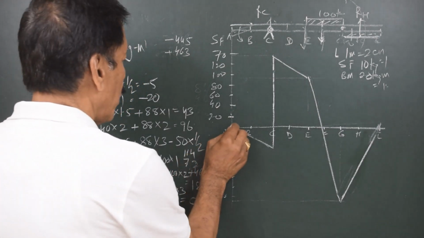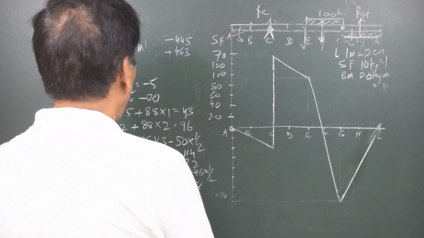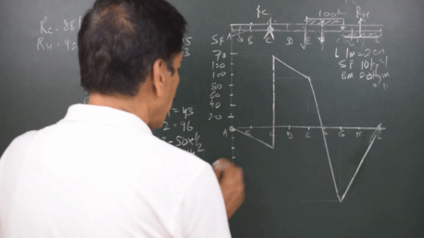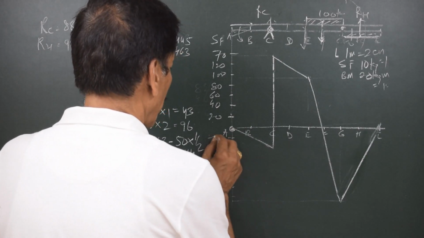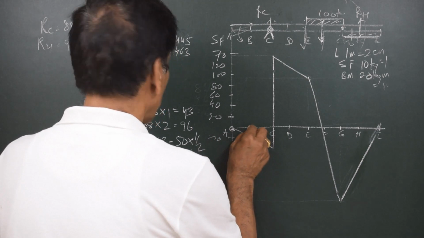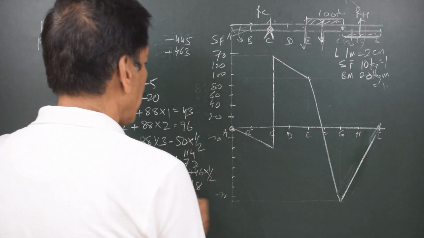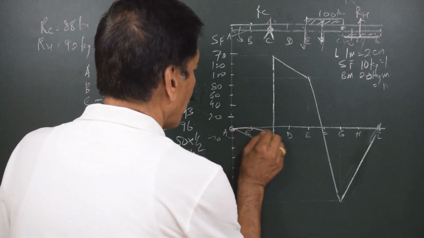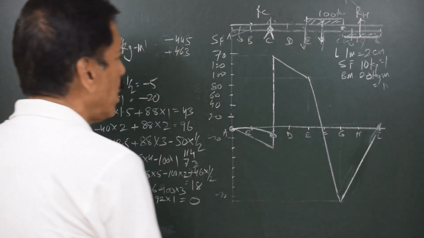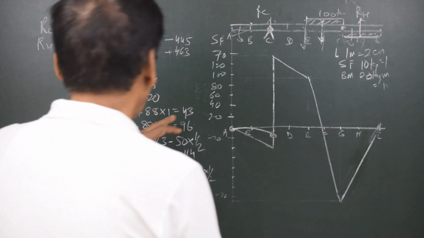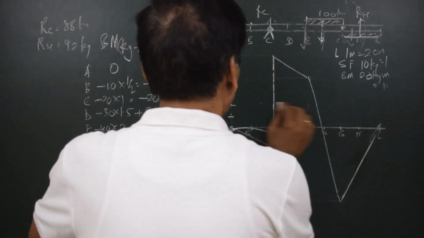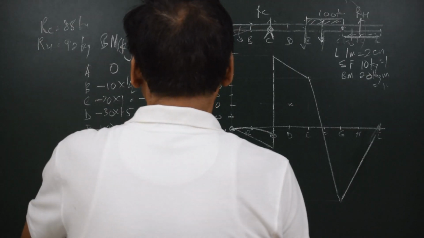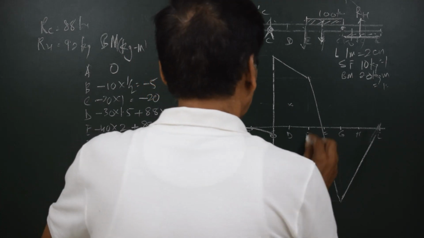We start with 0, and the bending moment at B is minus 5. So this is minus 20, minus 5 would be so close over here, and then at C it is minus 20 over here. So the curve would go like this, curvilinear, and then the value at D is 43. Value at E is 96.